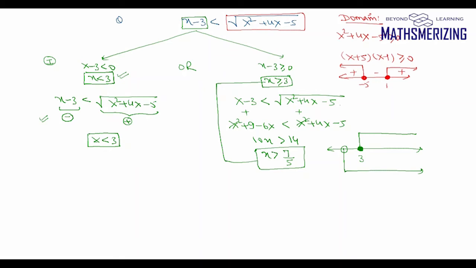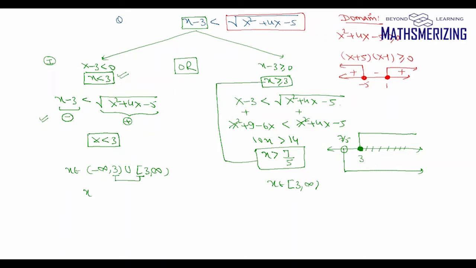So the intersection of both the conditions is x belongs to 3 to infinity. Now because there is an or between the two cases, I need to take the union of these two conditions. So the union will be x belongs to minus infinity to 3, union, included 3 to infinity.